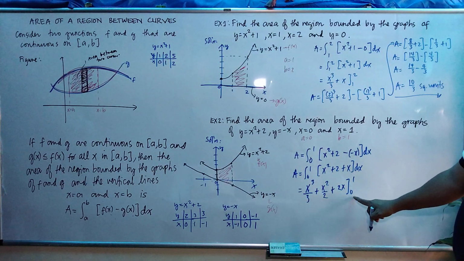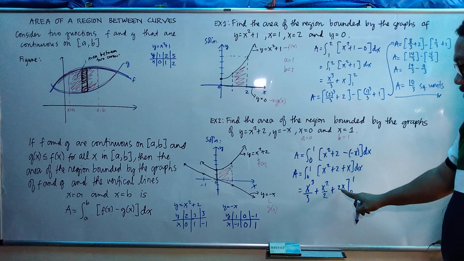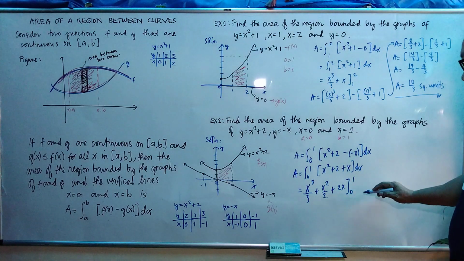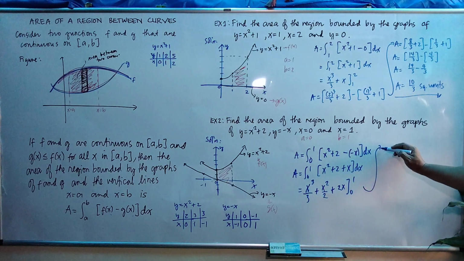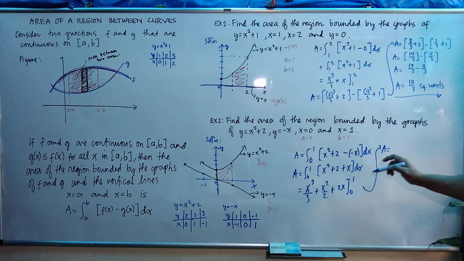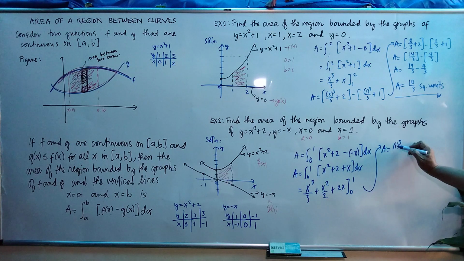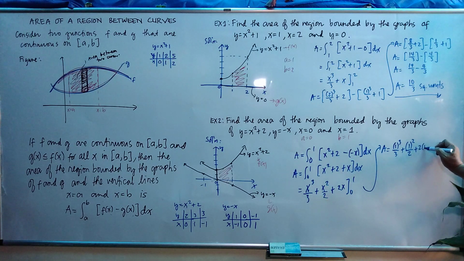Now, this is easy, class. If we substitute 0, everything becomes 0, so we substitute 1. Area is equal to 1 cubed over 3 plus 1 squared over 2 plus 2 times 1, minus 0.